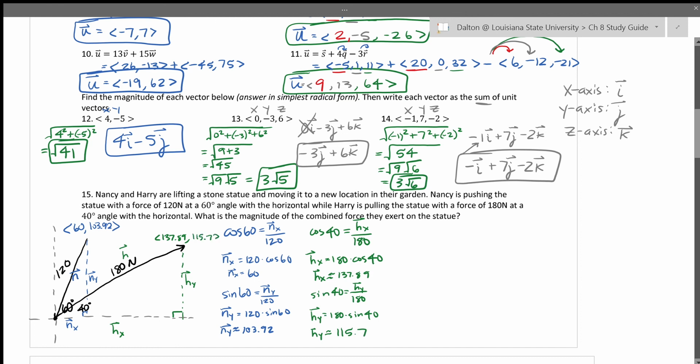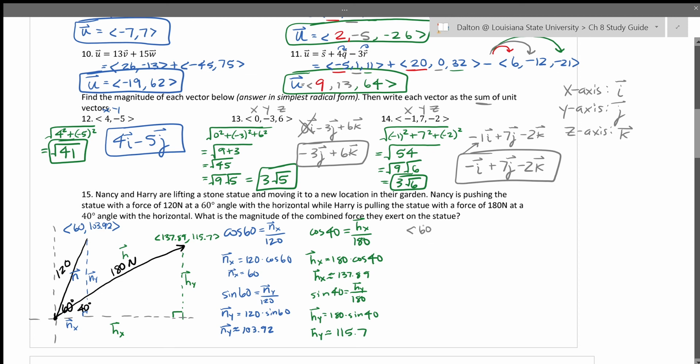So all of that work was basically breaking their two vectors up into right triangles, solving for their x and their y components. The question now is, what is the magnitude of their combined force? So we're literally going to combine them by addition. Let me just write their two forces.